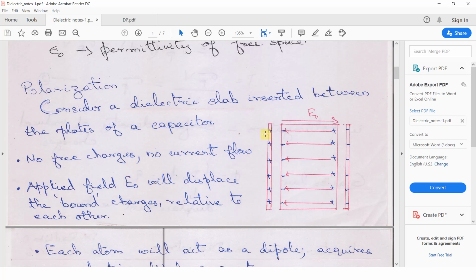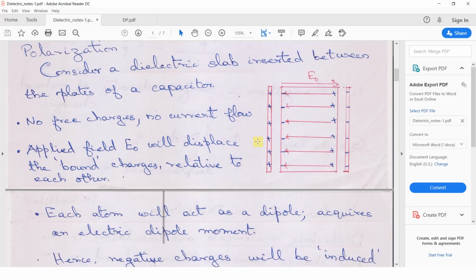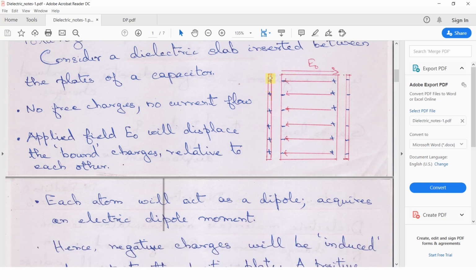Come to this figure over here, where I have represented two parallel plates of a capacitor. If I apply a potential across these plates, say I have given positive potential to this plate and negative potential to this plate, I'll get positive free charges here and negative free charges there.